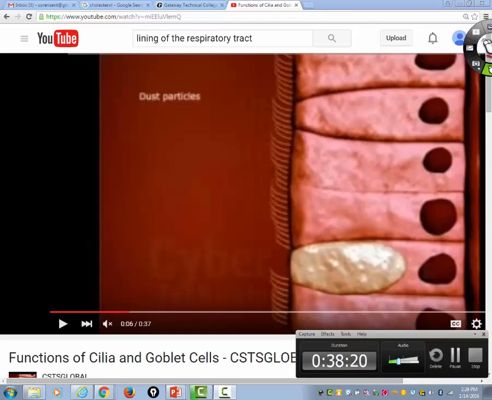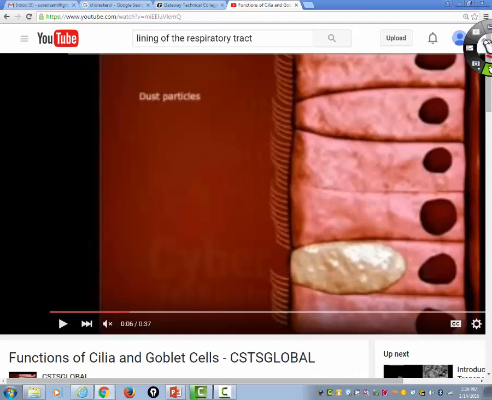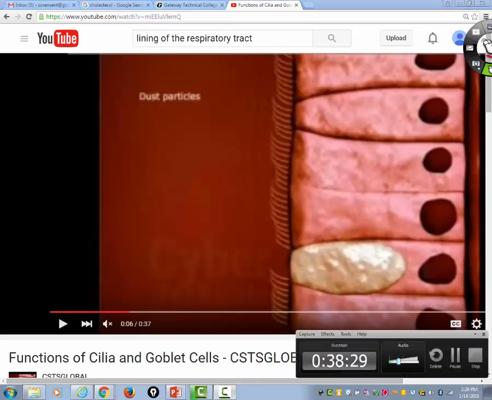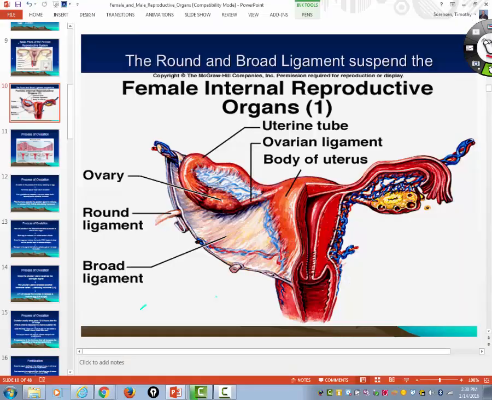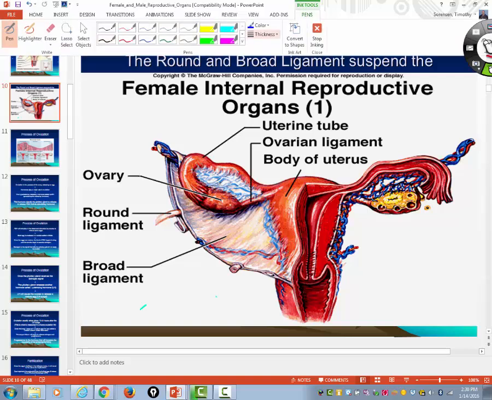In the lining of the respiratory tract, and its purpose is to move that mucus blanket created by those goblet cells so that you can clean your lungs. You also find cilia in the reproductive tract.